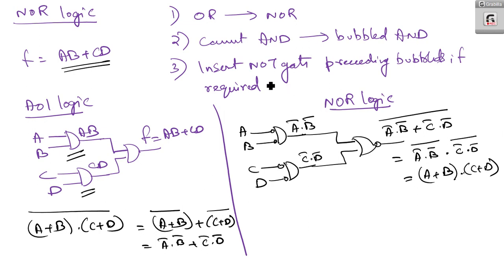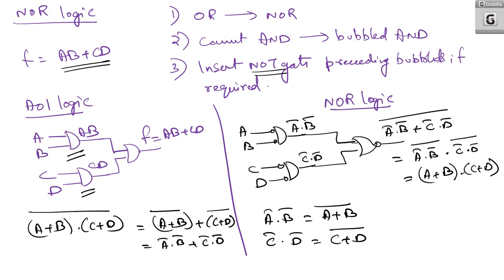Now go to the third step, that is insert NOT gate wherever necessary. Now here where is the NOT gate necessary? Suppose I am proceeding with a NOR gate. What is A bar dot B bar? A bar dot B bar is A or B the whole bar, and C bar dot D bar is C or D the whole bar.